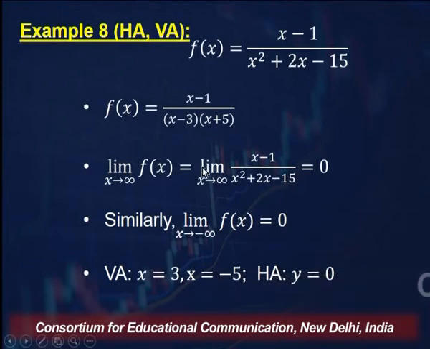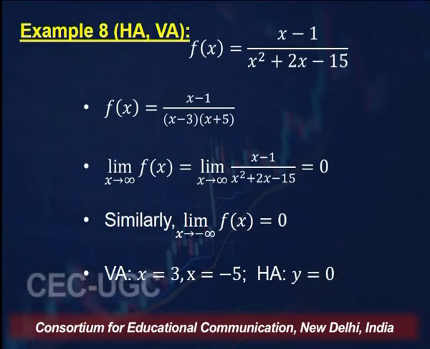If I want to find what the horizontal asymptote is, I have to take the limit at infinity. And here again, let's look for the terms that dominate in both the numerator and the denominator. In the numerator, the term that dominates is x, and in the denominator, the term that dominates is x squared. So as x becomes larger and larger, the function is going to behave like the fraction x divided by x squared, which is nothing but 1 by x.